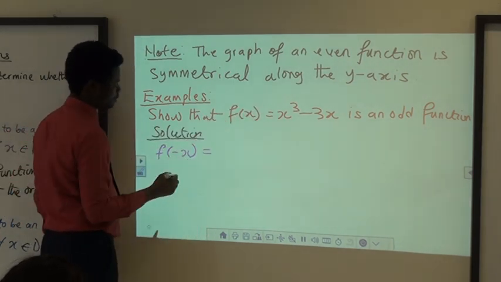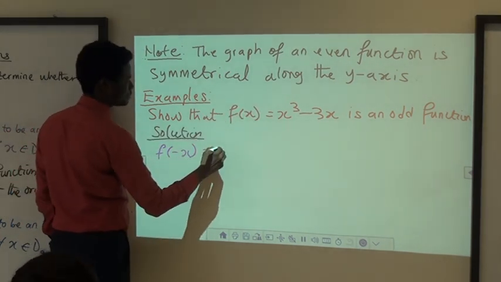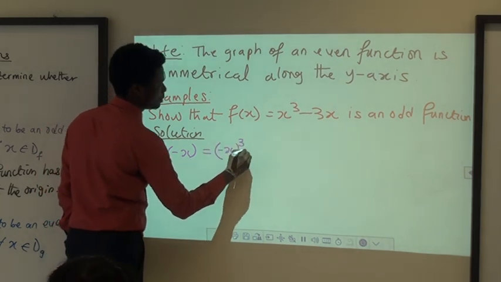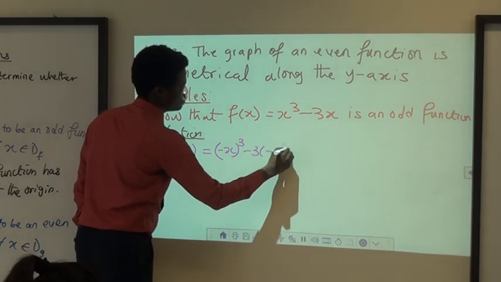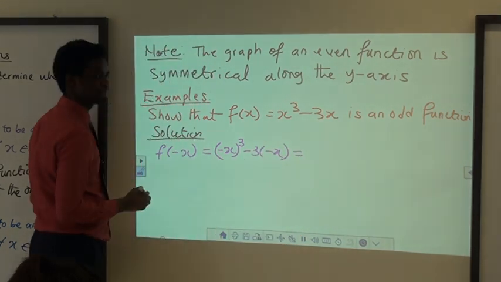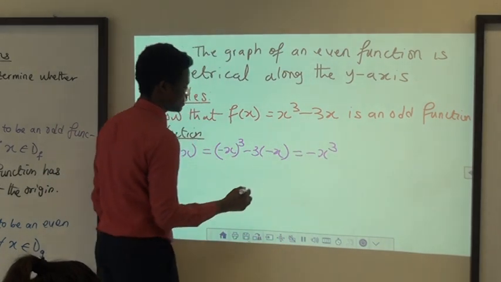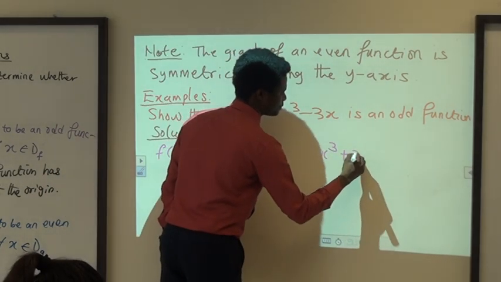Then substitute. What is f of negative x? Let's do that together. Negative x cubed minus 3x, and simplifying this gives what? Negative x cubed, yes, plus.